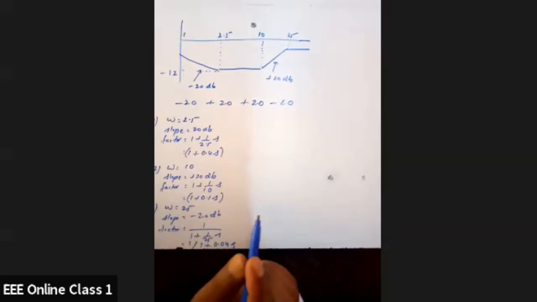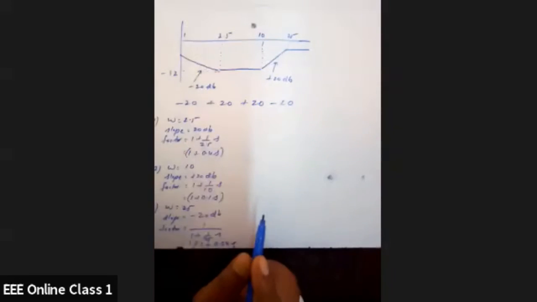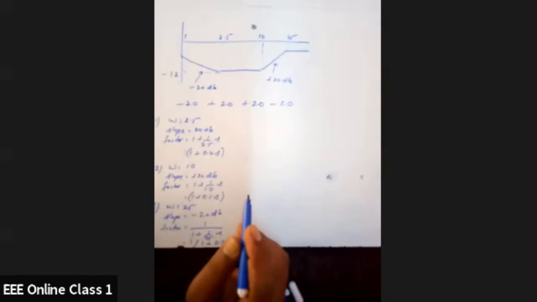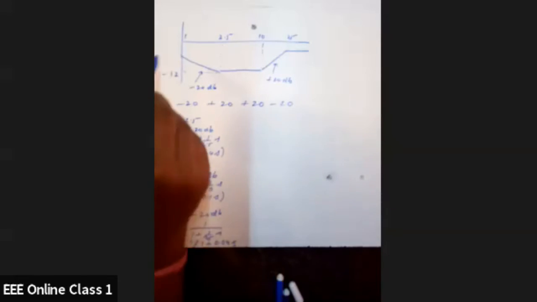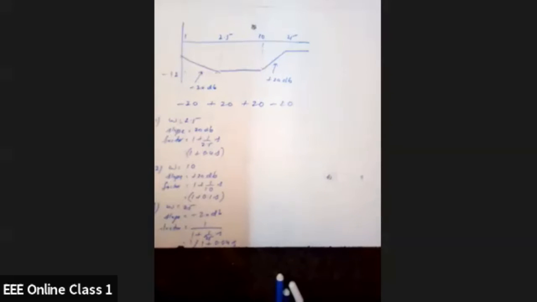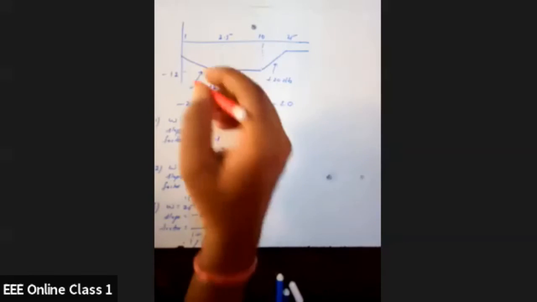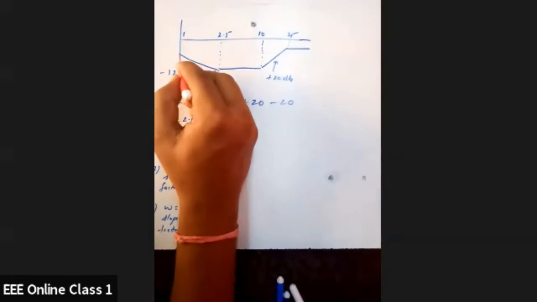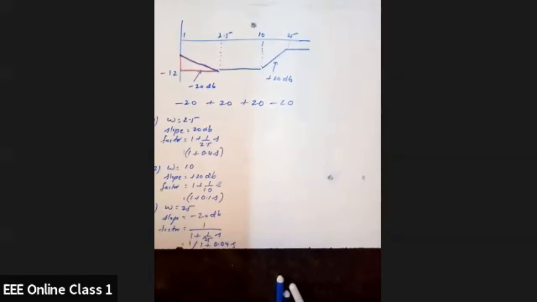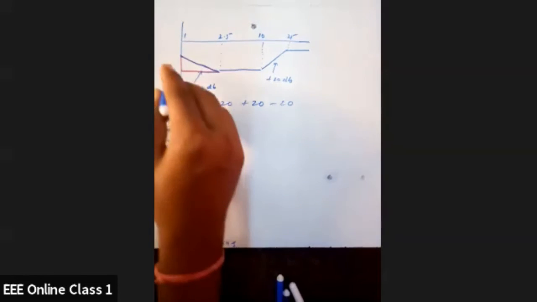So there is a factor k which is less than 1. How much it is below, we don't know. So let us take this triangle.